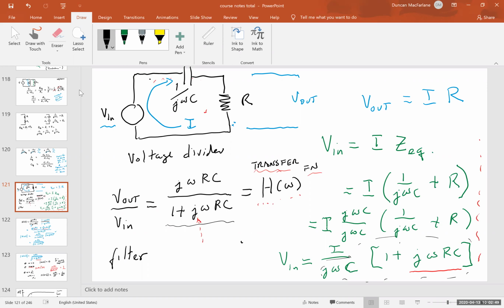So we've been learning about working with components, passive components, resistors and capacitors. We're making use of complex notation right off the bat. Last time we looked at a voltage source connected to a capacitor and a resistor.